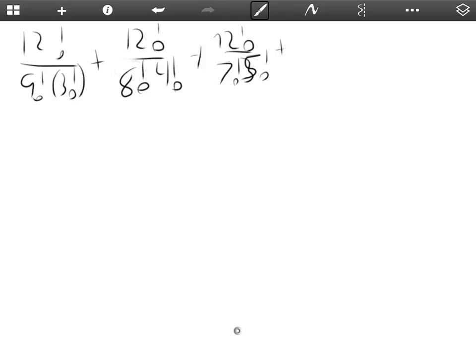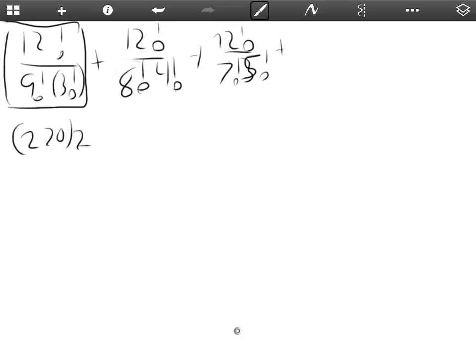Let's start computing some of these. 12 times 11 times 10 divided by 6 is 220, and we're going to multiply that by 2, because we'll get a second one of these later.